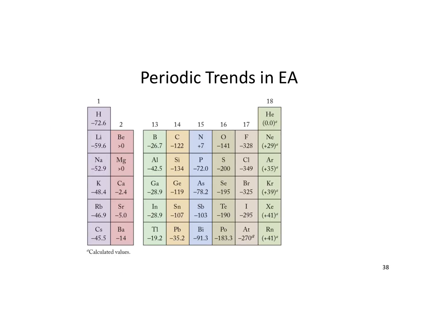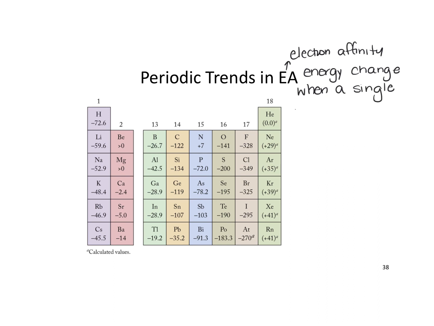Now, we also have electron affinity, which I abbreviate as EA, so let me spell that out. We have electron affinity, and this is the energy change when a single electron is added to an isolated atom.